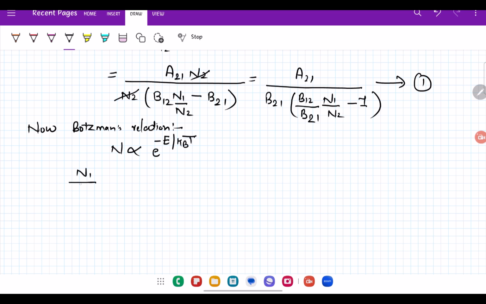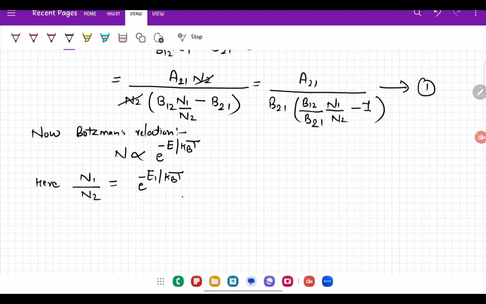Now N1 over N2, in our case, is equal to exponential of minus E1 over kBT, because we are finding the number of atoms for state 1, over exponential of minus E2 over kBT. Now I am taking the denominator to the upside, and we are left with exponential of E2 minus E1 over kBT, right? And this is my equation number 2.